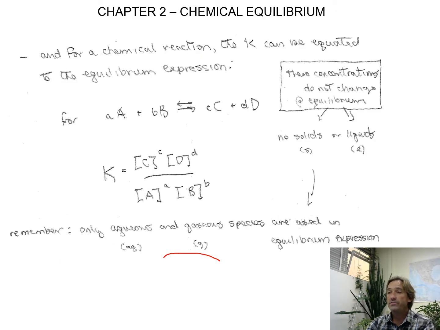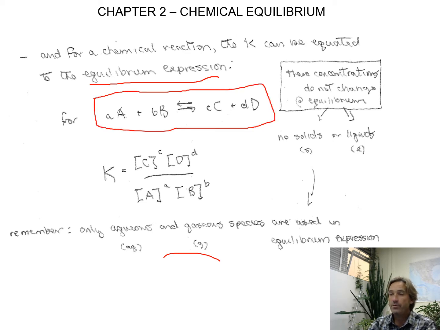So how we'll begin to describe chemical equilibrium is by writing an equilibrium expression. And so if we have, say, a generic reaction where A plus B goes to C plus D, and where, say, the lowercase letters are coefficients, like 1s, 2s, and 3s, and the uppercase letters are the chemical species, we can write the equilibrium expression.